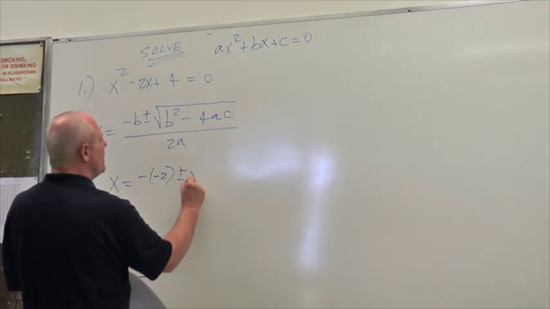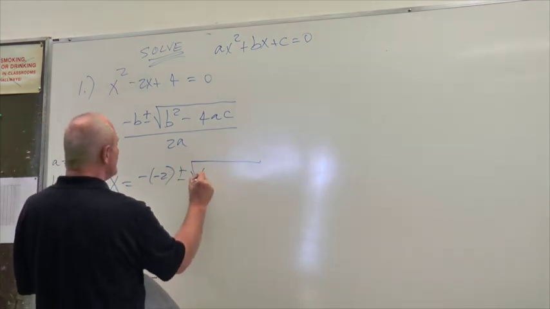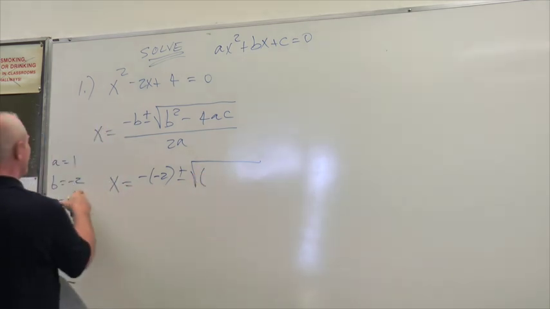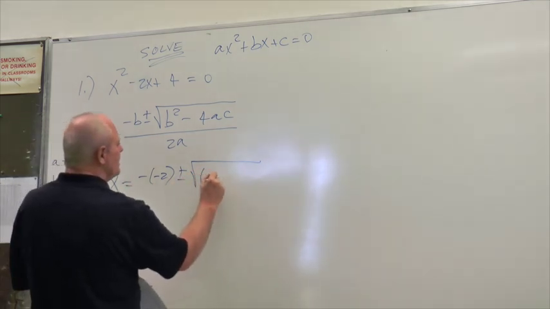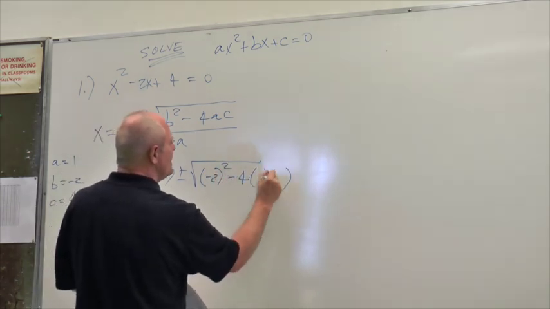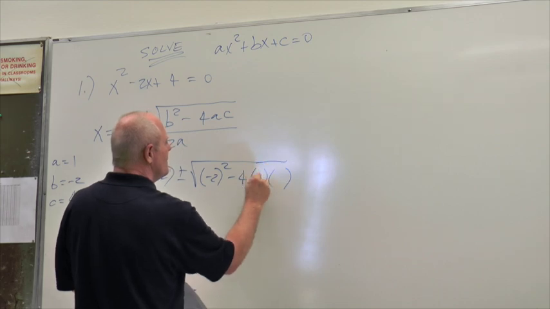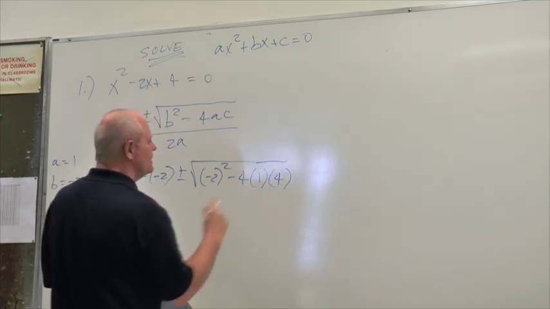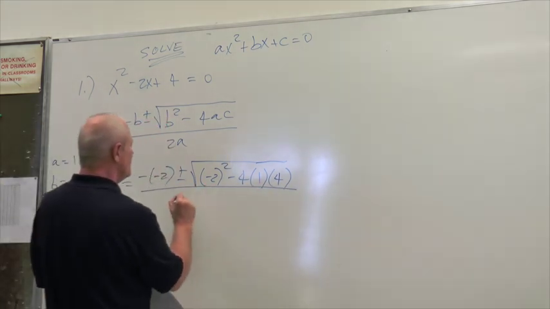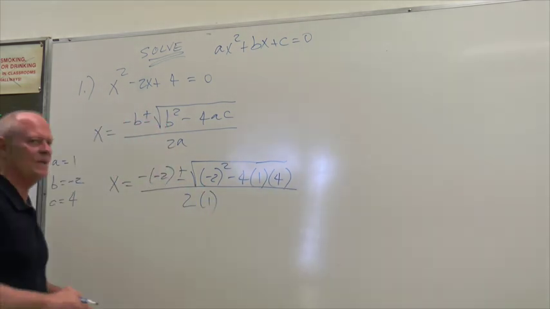Plus or minus the square root of -2, again b, squared, minus 4 times a times c. What's a in our problem? 1 and 4, very good. All over 2 times 1. Good.